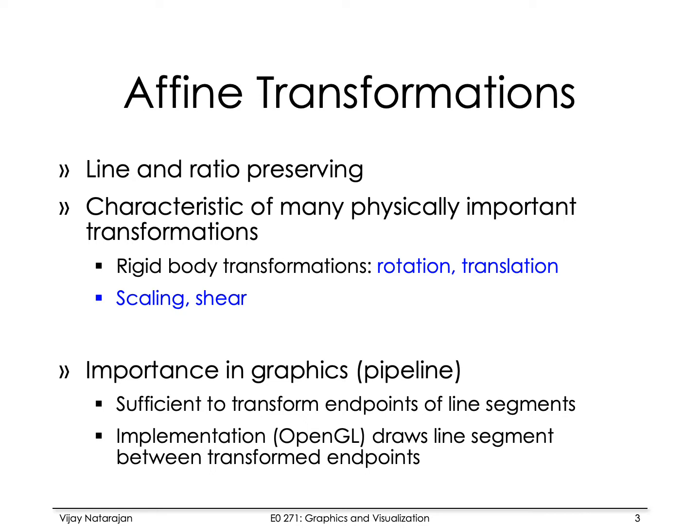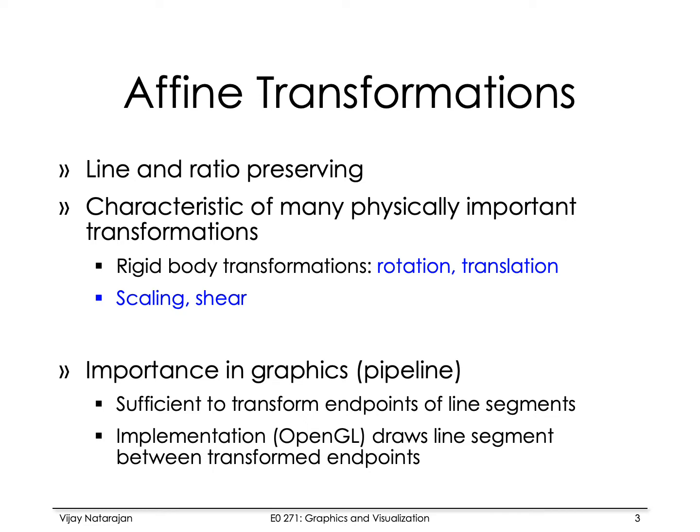Affine transformations, like I mentioned, are important in the graphics pipeline. Since we restrict our attention to affine transformations, it is sufficient for us to work with just the endpoints of line segments or the endpoints of triangle primitives rather than describe the transformation of the entire line segment.